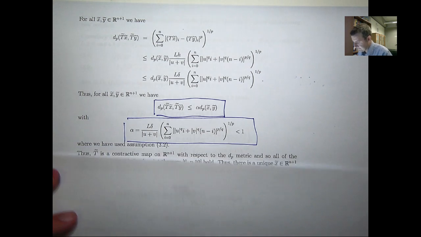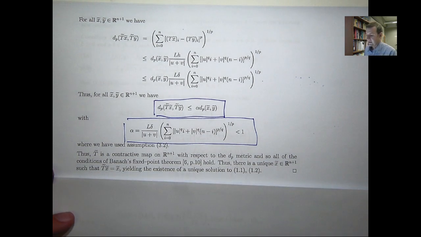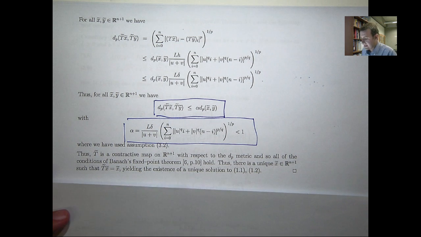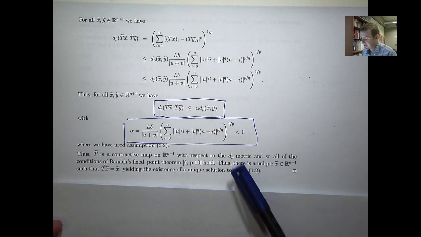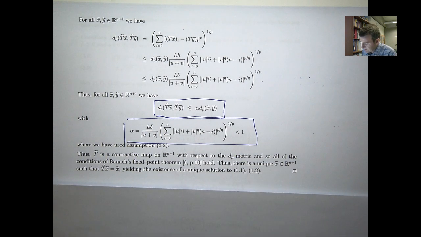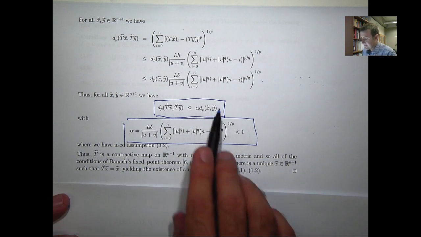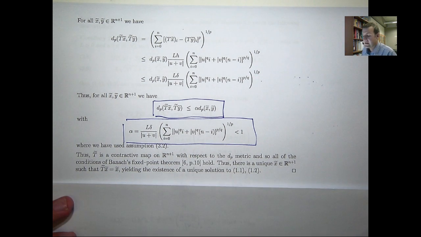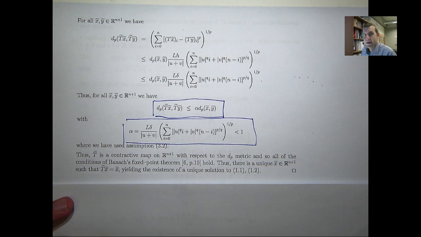Okay? So we've shown that our operator T tilde maps R to the n plus 1 into itself. I've got a complete metric space when I couple this set with this metric, and this working shows that our mapping T tilde is contractive.